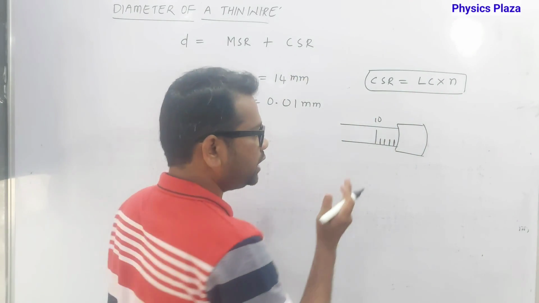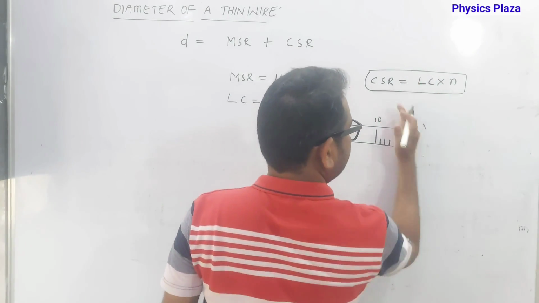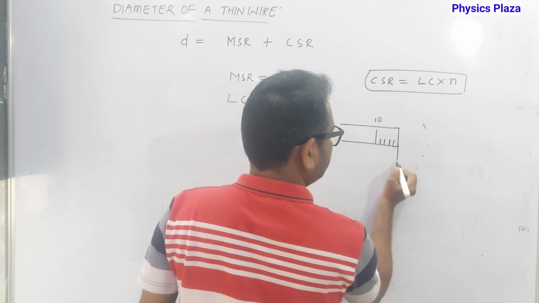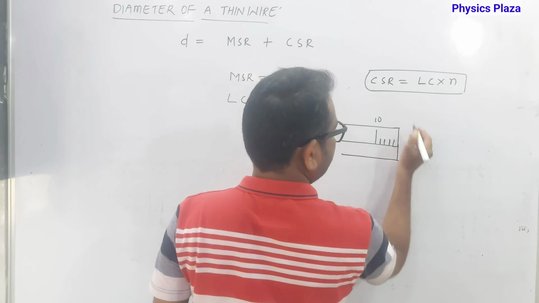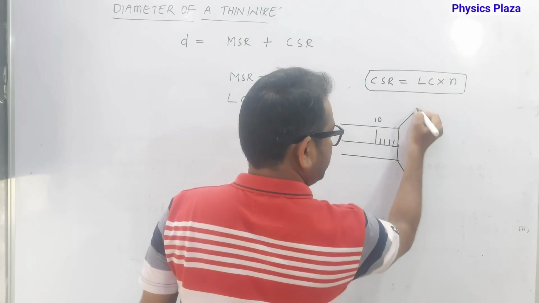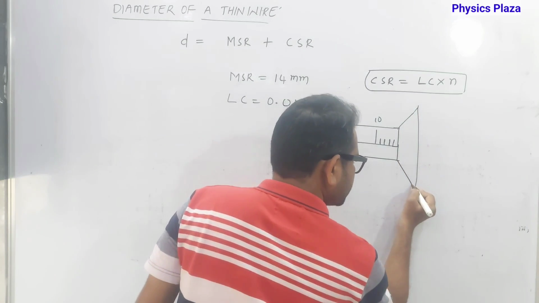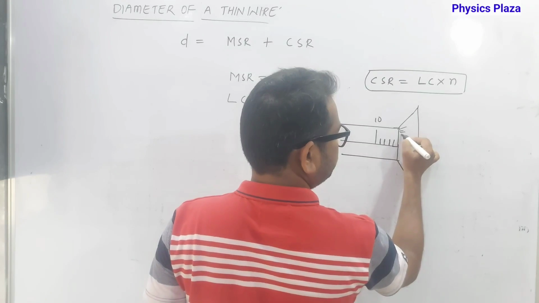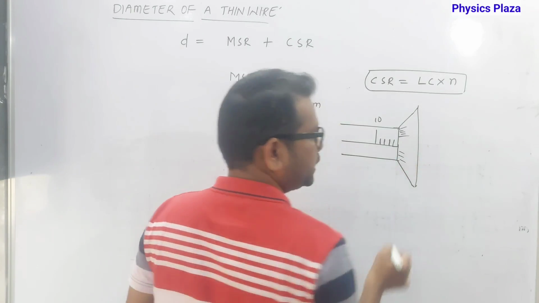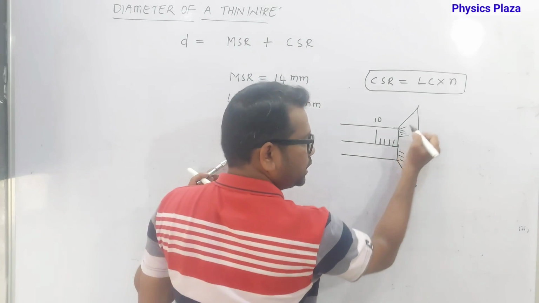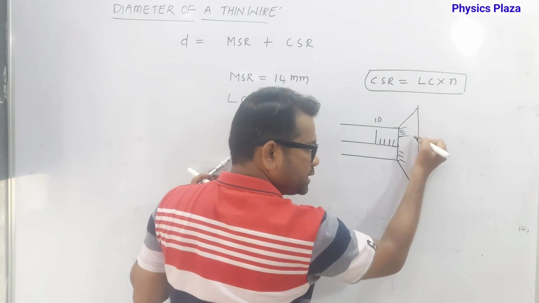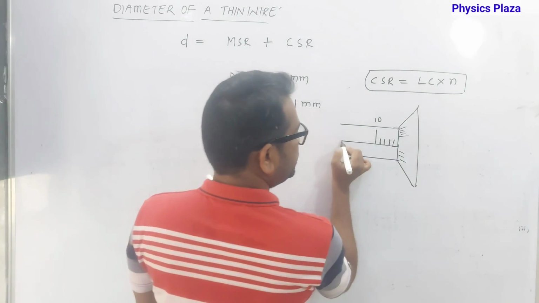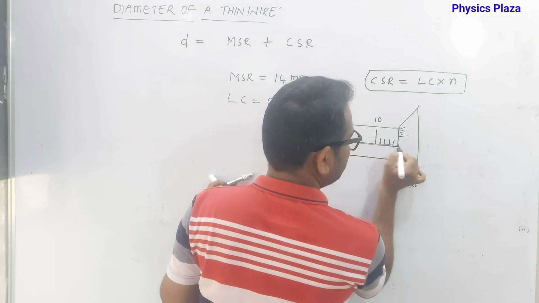But how to take this n value? It's very important. Children, look here. This is the pitch scale, and this is the circular scale. Here some divisions will be there. On the circular scale, only one particular division will coincide with the baseline.